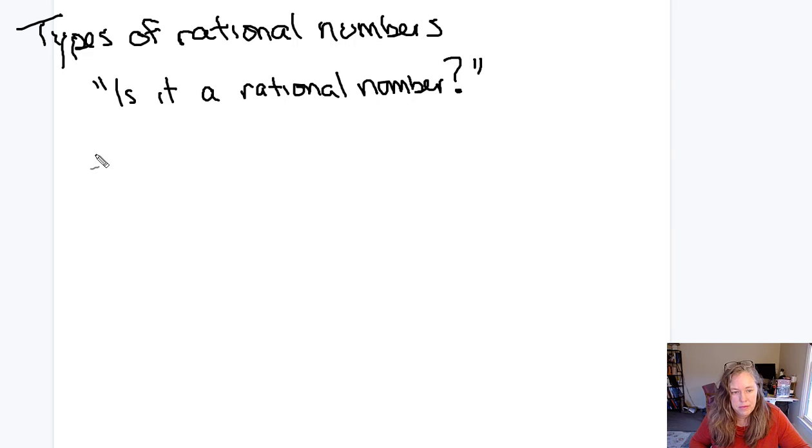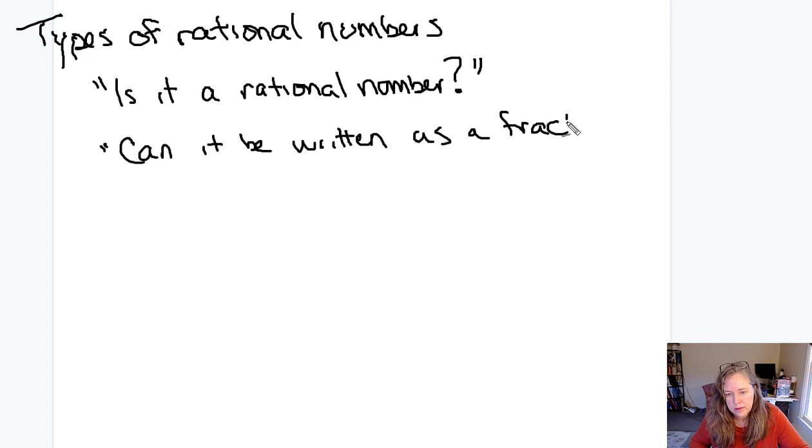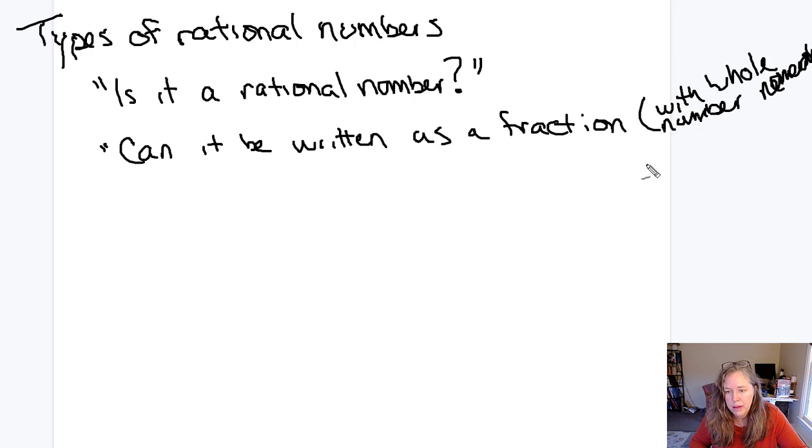This is the same question as, can it be written as a fraction with whole number numerator and denominator? These are the same questions: is it a rational number, can it be written as a fraction?